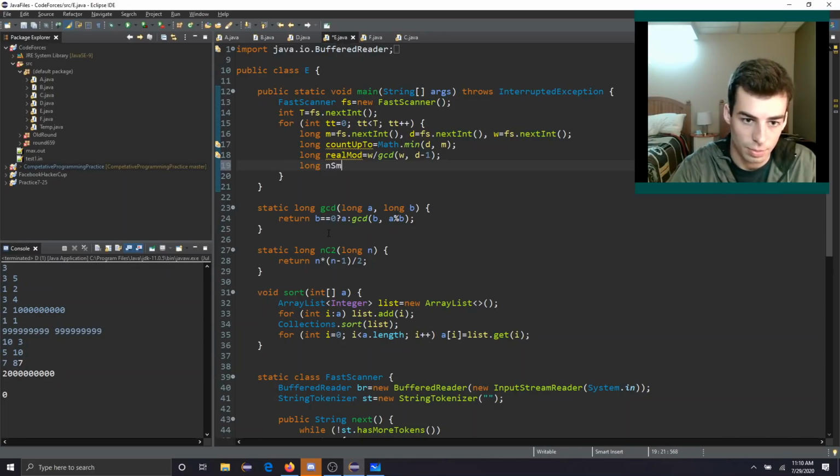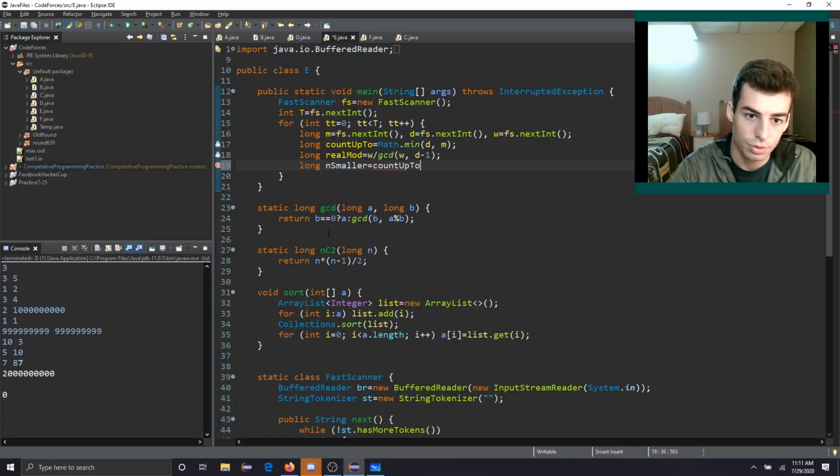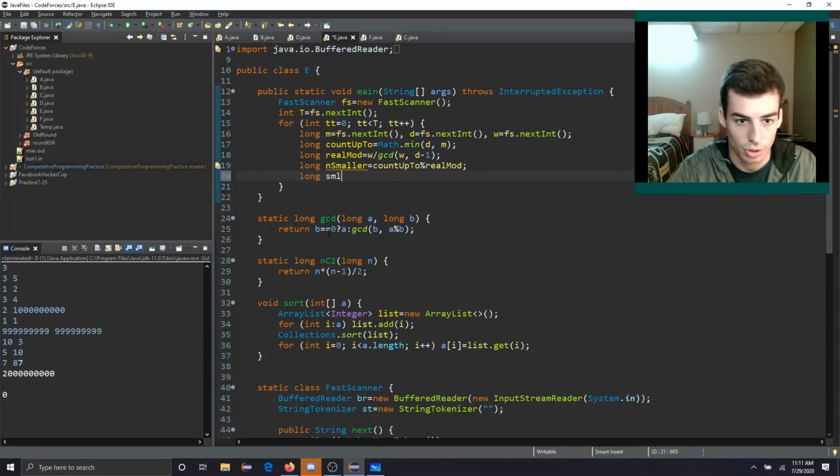So long n bigger, the number of bigger groups, will be count up to modulo the real mod. Long smaller size will be count up to divided by the real mod.